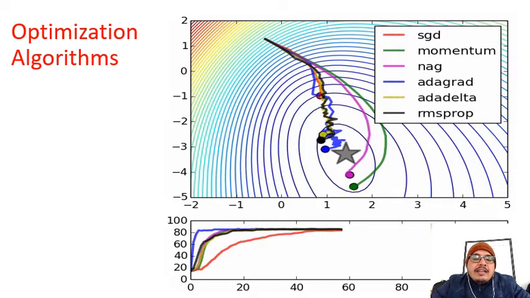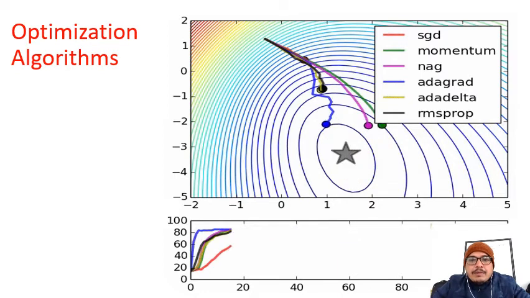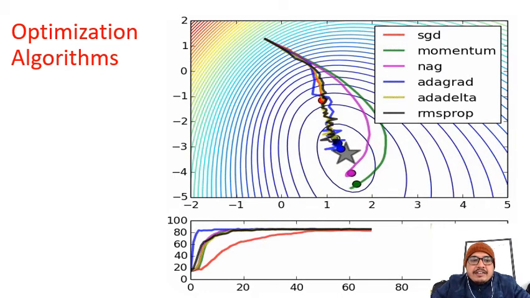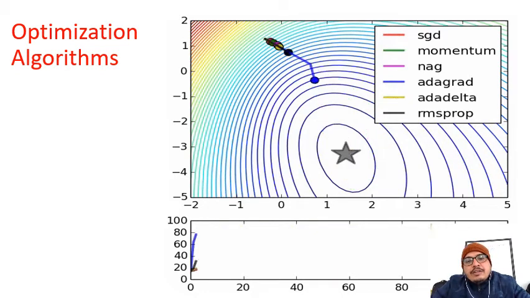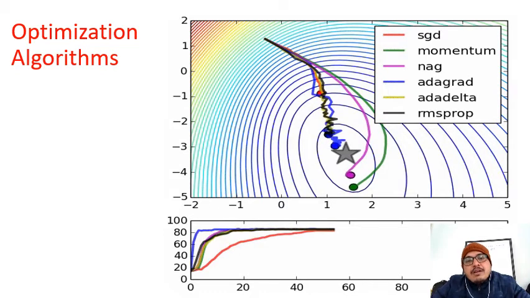Okay, and then there is a lot of literature available for learning neural networks, like SGD, stochastic gradient descent, momentum, NAG, AdaGrad, AdaDelta, RMSProp. What we are trying to show in this slide is that though there are a lot of variants, some variants converge faster than others, right?